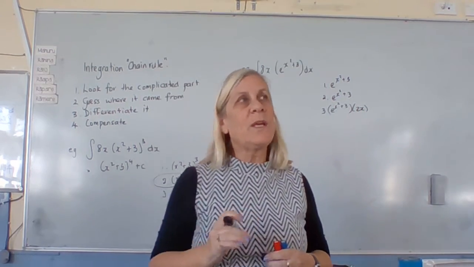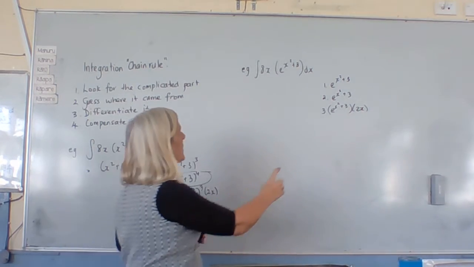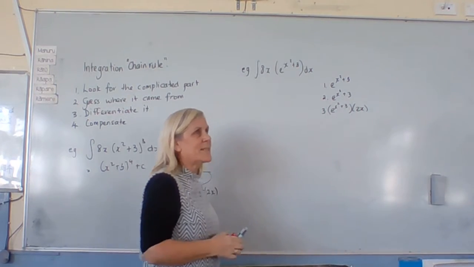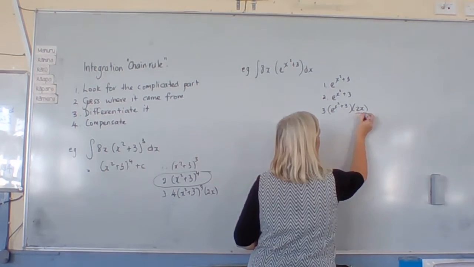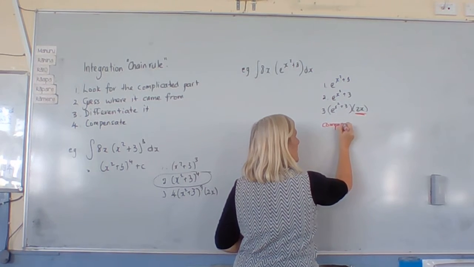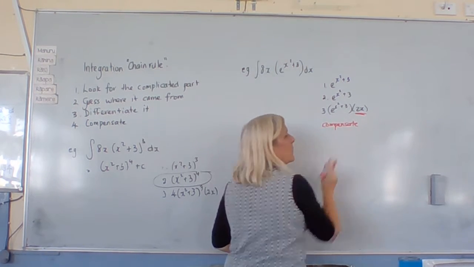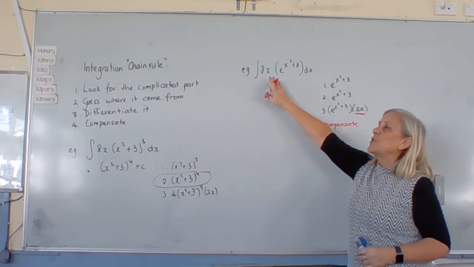So that 2x, we are comparing with this 8x and trying to work out how to compensate. So we need to compensate for this. So what we're asking ourselves is, how do we get from this to this?